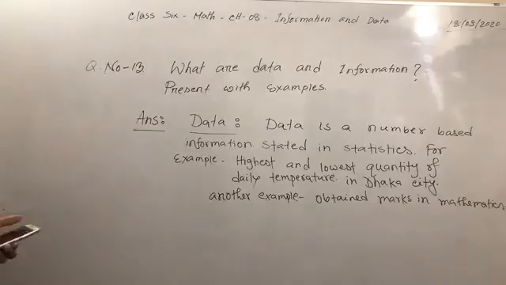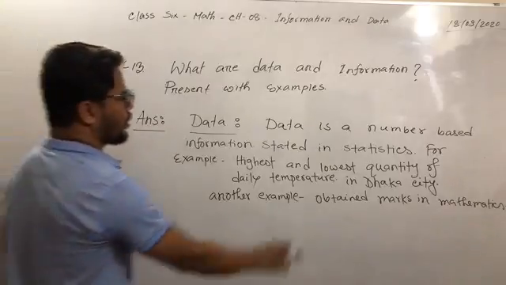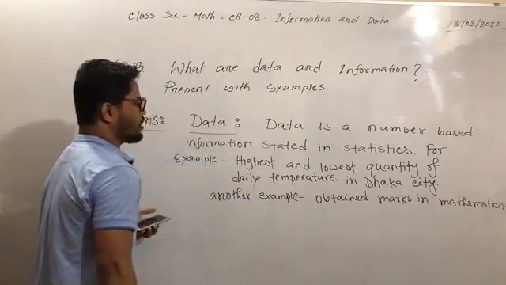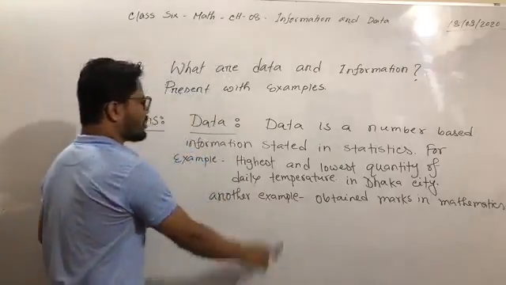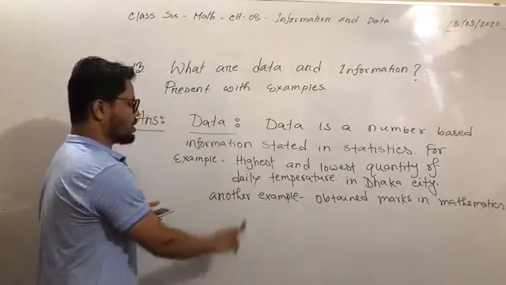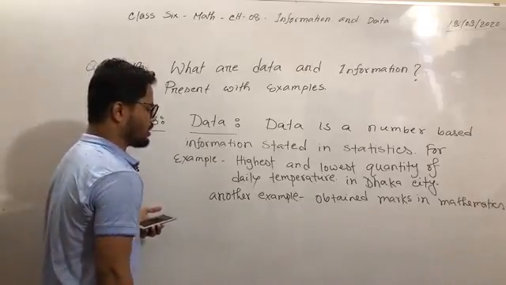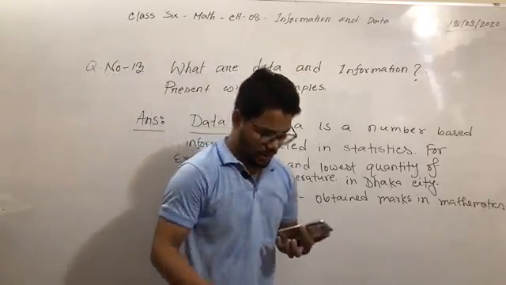So basically this is data, which is number based information, in statistics. For example, the highest and the lowest quantity of daily temperature in Dhaka city, or obtained marks in mathematics.